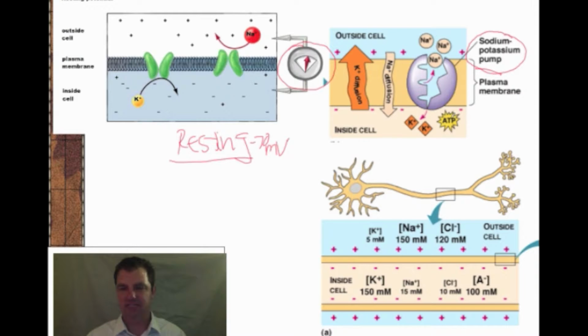What it does essentially is use ATP, which is a source of energy, to harness the protein and the energy it can deliver from the ATP, and it moves 3 sodium ions out for every 2 potassium ions that it moves in.